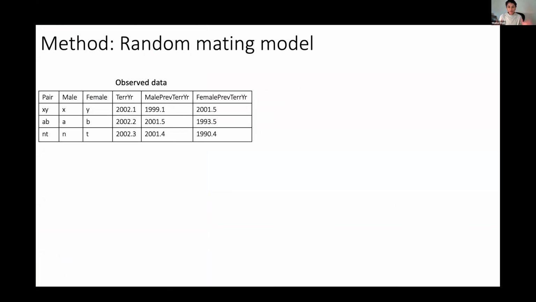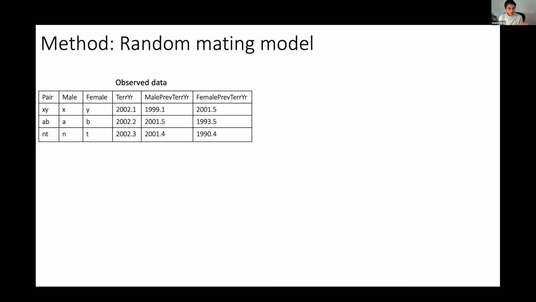What I did was I took the observed data, which looks something like this. For each year, we have all these different territories. That's the fourth column in this data set. I don't know if I have a pointer, but the fourth column. You can see that the territory is the year of the territory as well as the name of the territory, so I've just reduced the names to 1, 2, 3 here for simplicity.